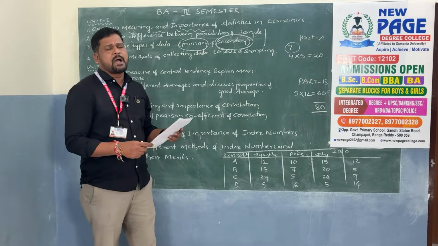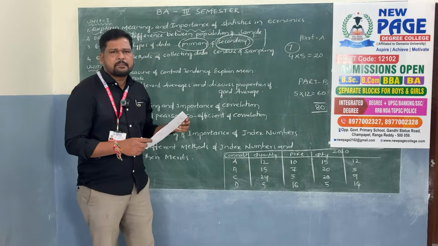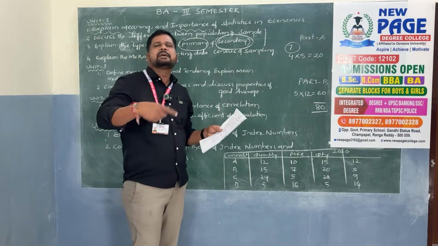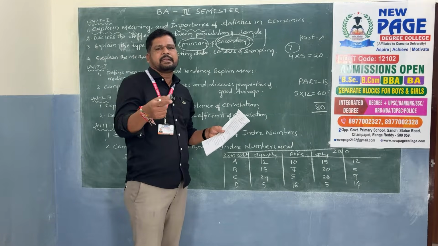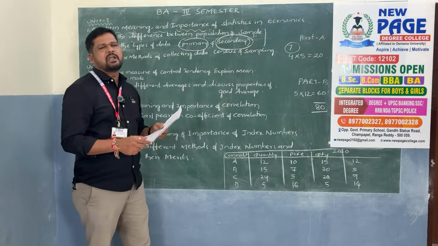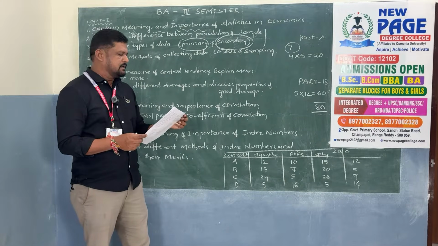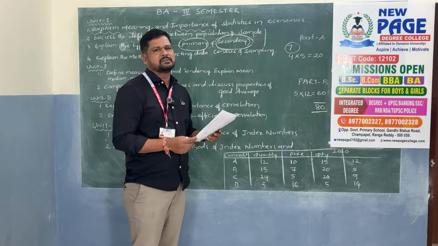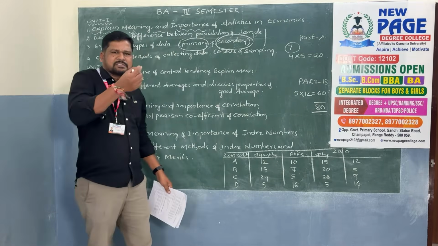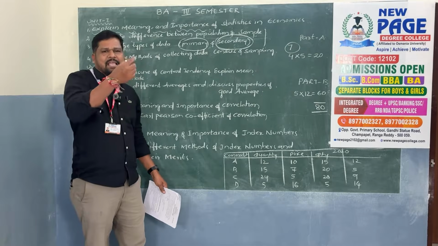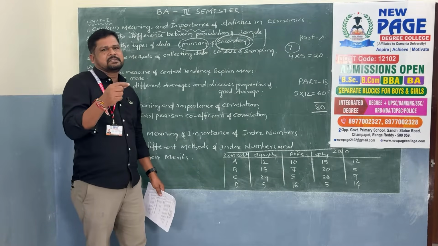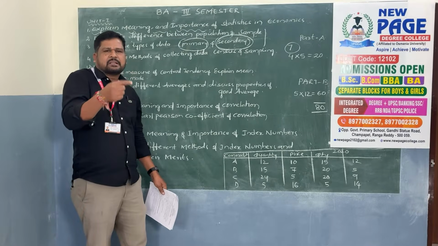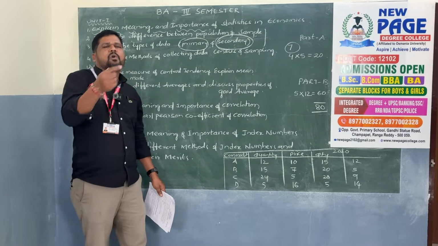What is population? Population refers to the entire group of individuals, items and observations. Sampling means selecting a subset, or selecting some items from the total population.